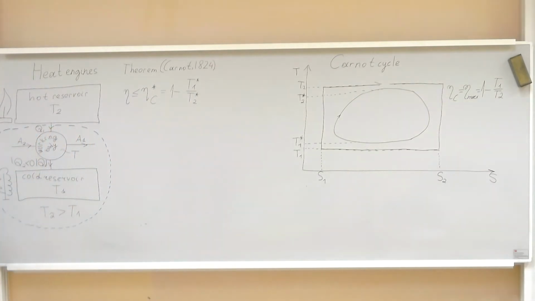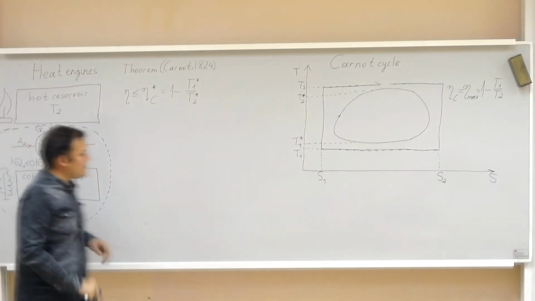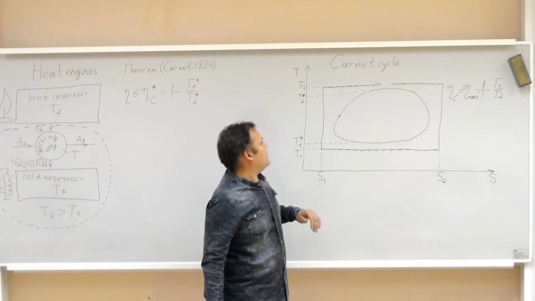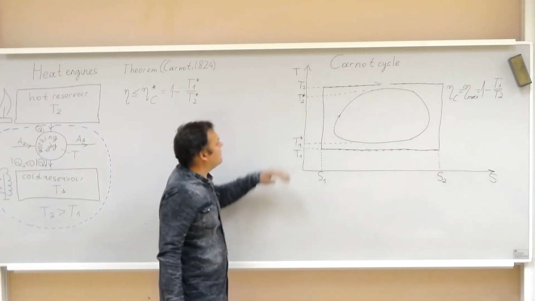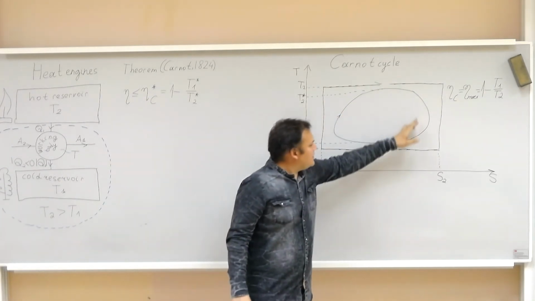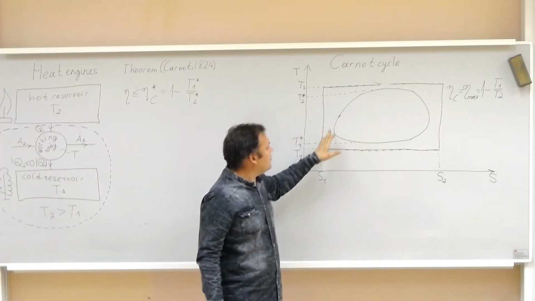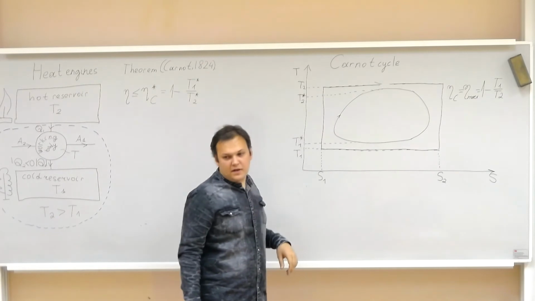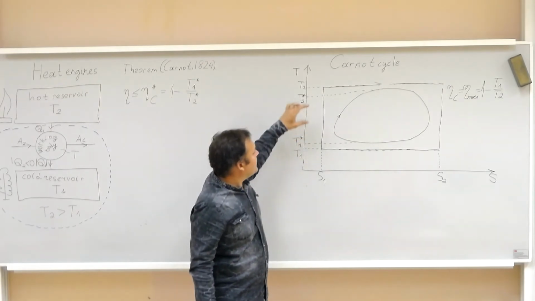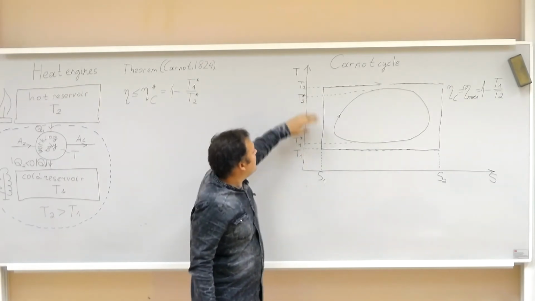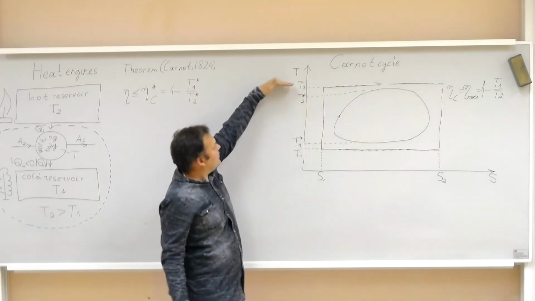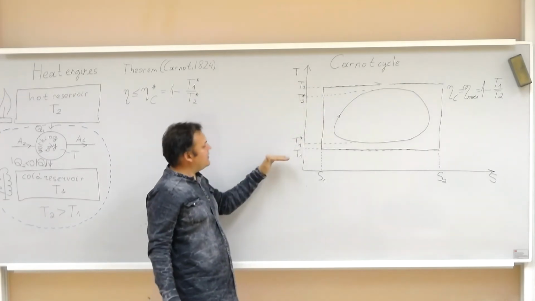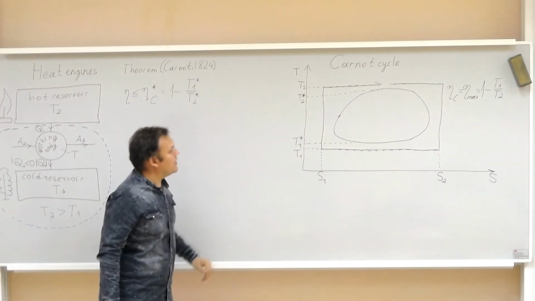The theorem is very important for one simple reason. In real life, a heat engine whose working body goes through a cyclic process has a temperature between the temperature of the hot reservoir and the temperature of the cold reservoir.